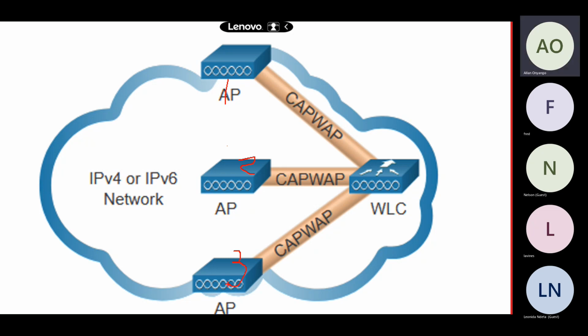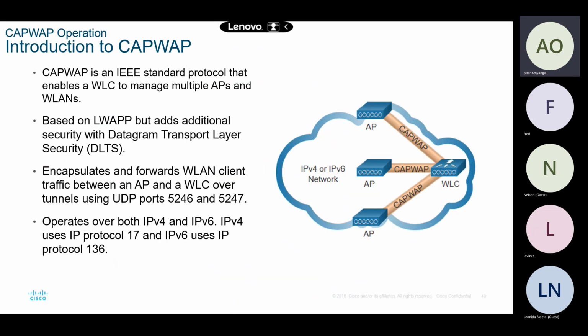So each of them is being managed by the wireless LAN controller, and realize that each is managed through a protocol called CAPWAP, the control and provisioning of wireless access points. All those access points can be managed just from the WLC. They can be configured, and their details can be seen.